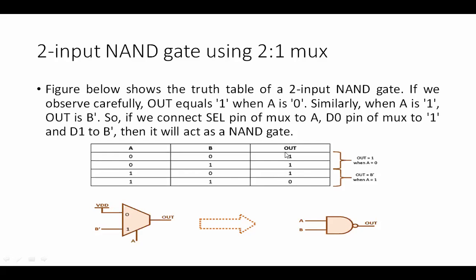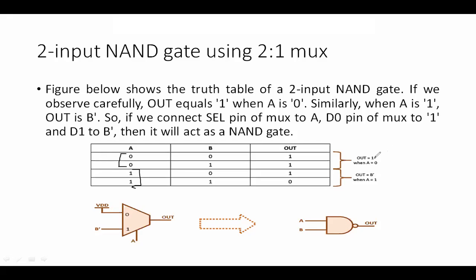So output is equal to 1 when A is equal to 0. We can again bifurcate here: when A is equal to 0 and when A is equal to 1. So I can take A as my select line. When A is equal to 0, output should be equal to 1.